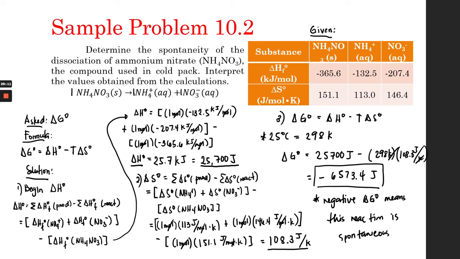So as you can see here, if you use this equation, the thing that you have to remember is that in order for the delta G to be negative, it means that either delta H should be negative, or that the temperature is high enough in order to make your delta G negative.